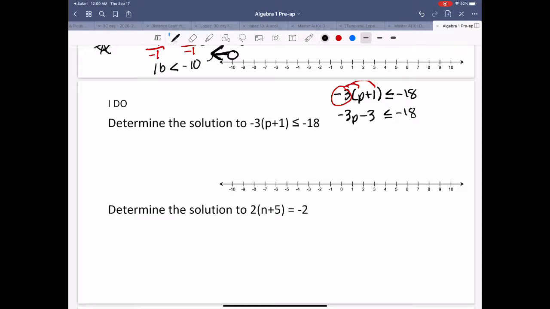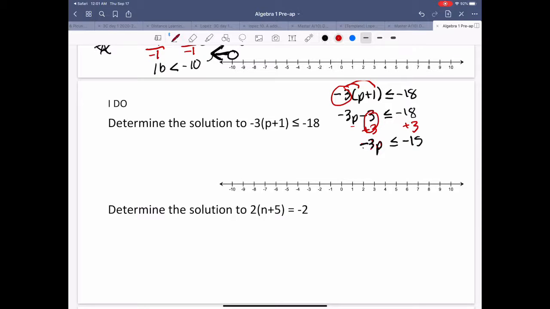At this point, I'm going to start doing my inverse operations again. If p is what I want to isolate, I'm going to do the inverse of minus 3, which is plus 3 on both sides. That gives me my zero pair, and negative 15.